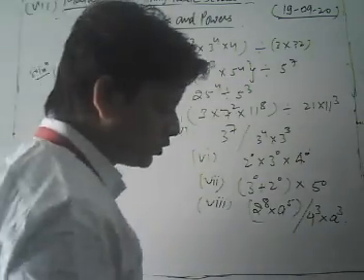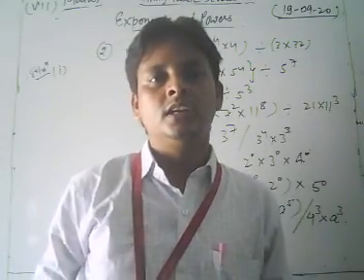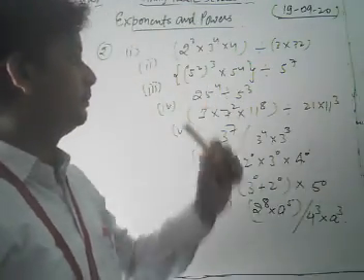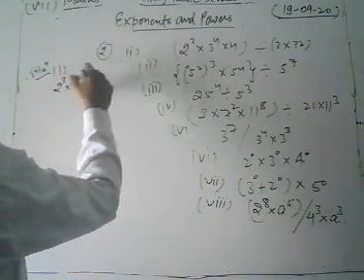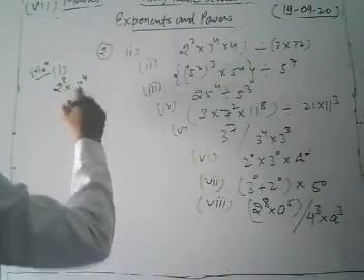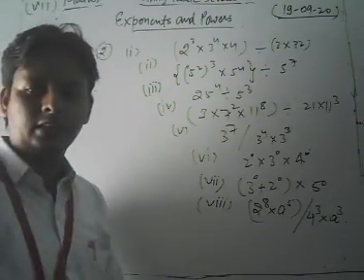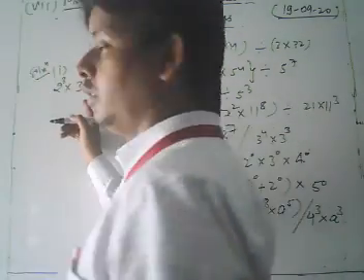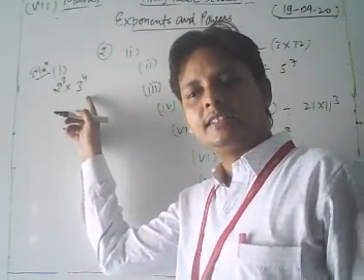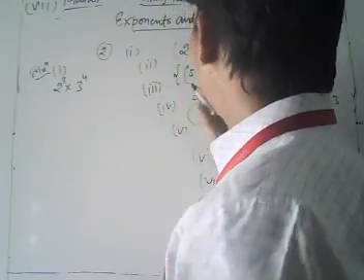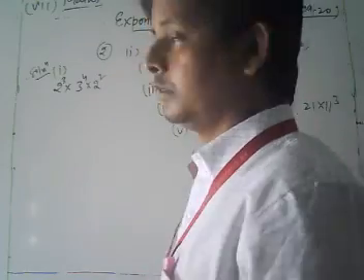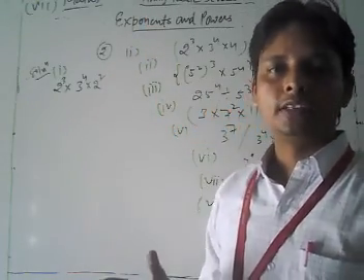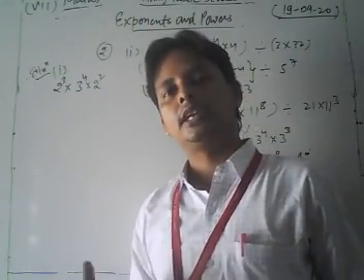Dear student, first of all we write in the same base. Here 2 to the power 3 we write as it is, 3 to the power 4 we write as it is. And 4 we can write as 2 into 2, and 2 into 2 we can write as 2 to the power 2.